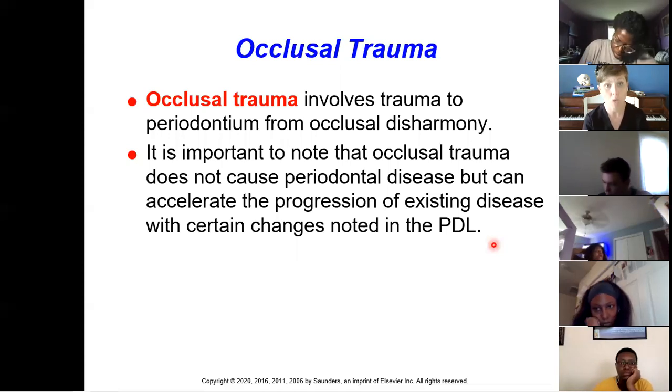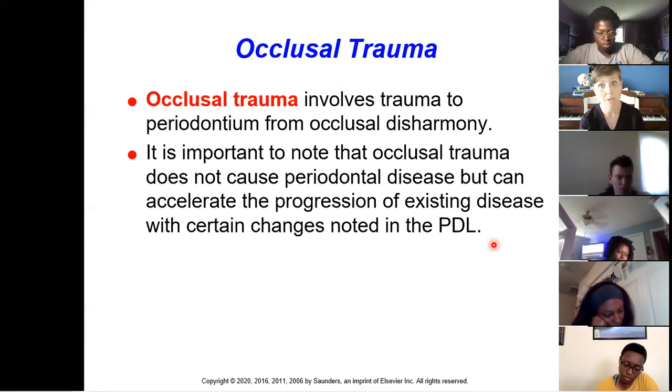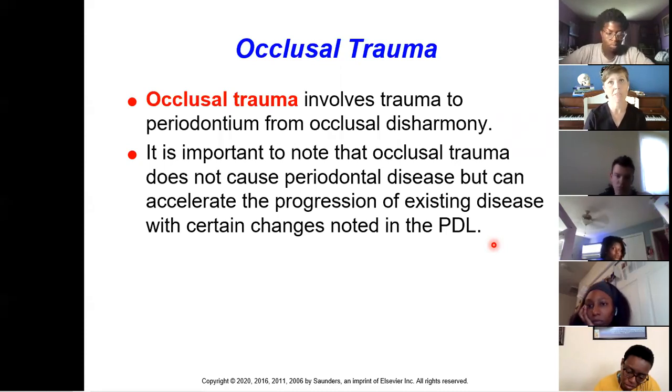It involves trauma to the periodontium from occlusal disharmony. It can accelerate the progression of existing disease with certain changes noted in the PDL. So if you are a host for periodontal disease, occlusal trauma could make that progression happen.